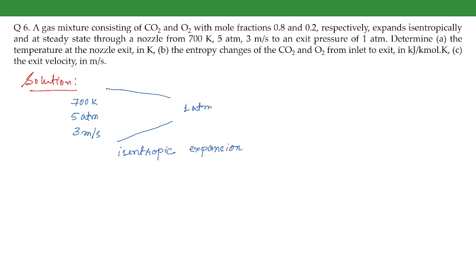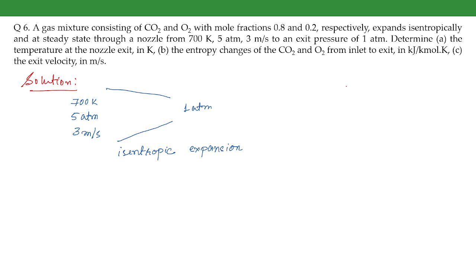Now we have the entropy change of the individual components. We have been told that the expansion process is isentropic, that is for the entire mixture there is no entropy change. However, for the individual components, as they move through the nozzle, there will be entropy change, and we have to determine that as well.